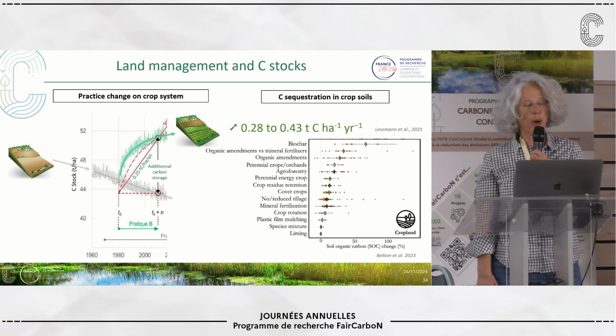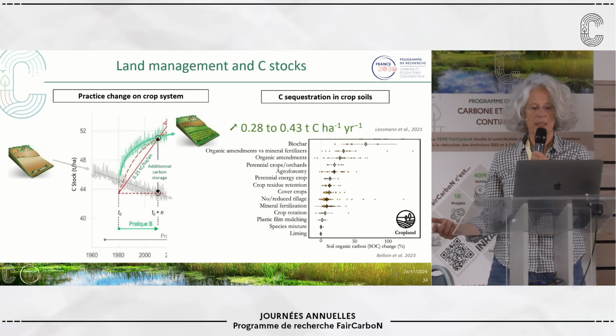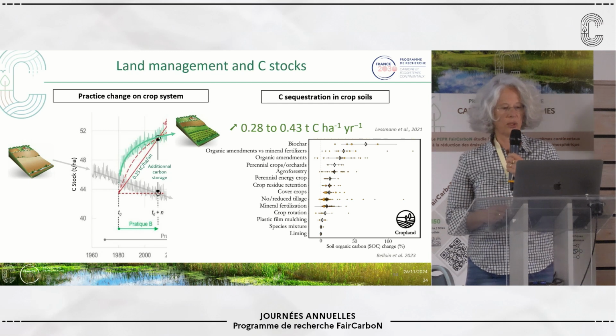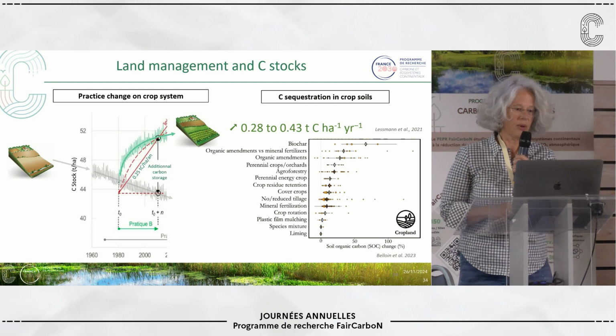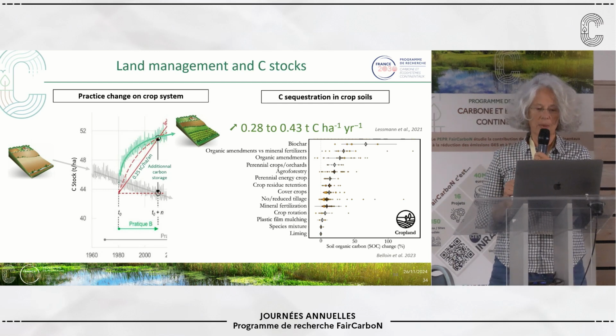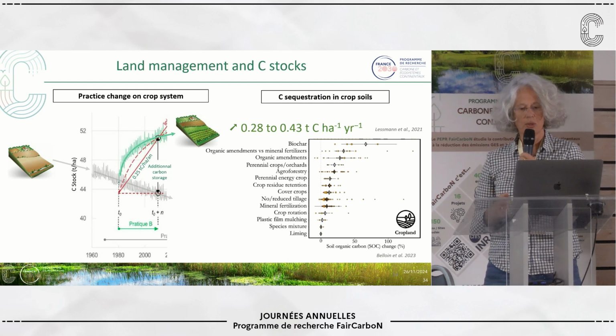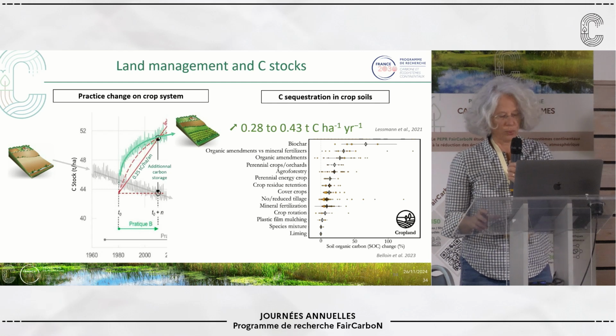And all of these practices are agronomic techniques that do not take into account the intrinsic potential of cultivated species. However, the intraspecific variability within these species could also represent a lever that we propose to explore.